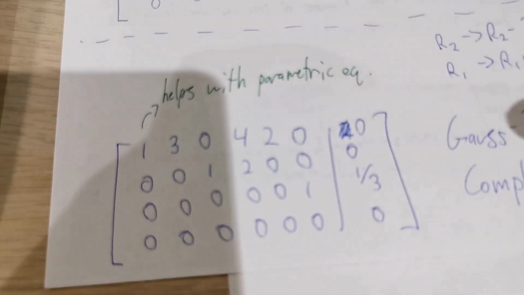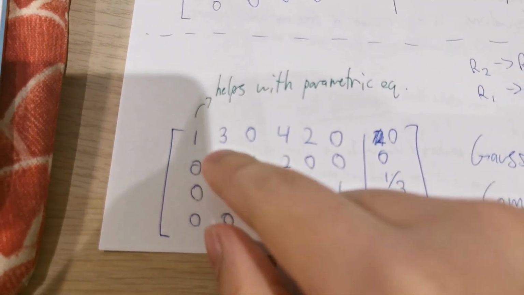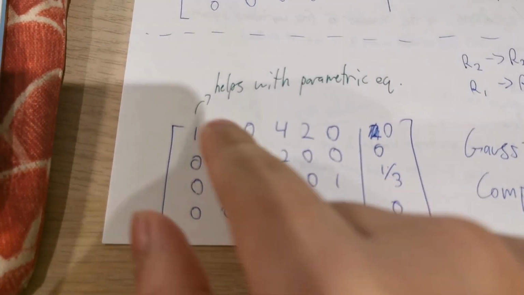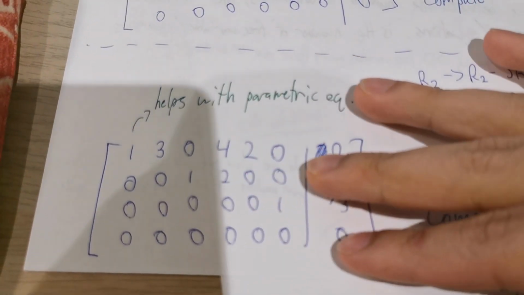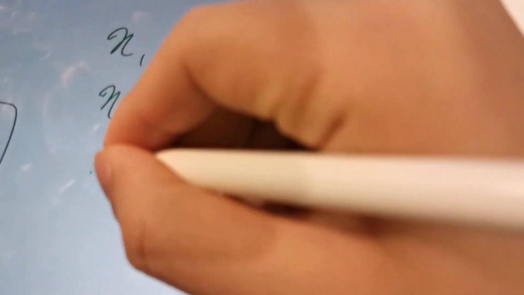This helps with parametric equations. So when I take these three variables, let's say x1, x3, x6, they're all individual, and it's best if I draw it up. Hold up. So I can get x1, x3, and x6, right? And then there's other stuff around it.